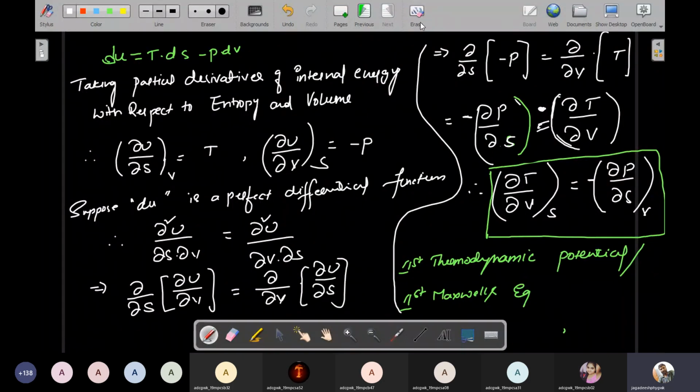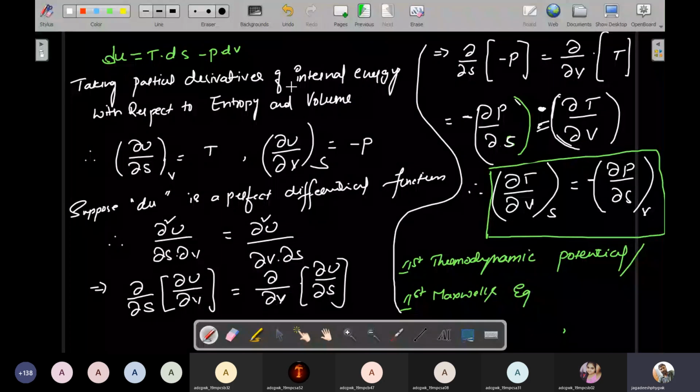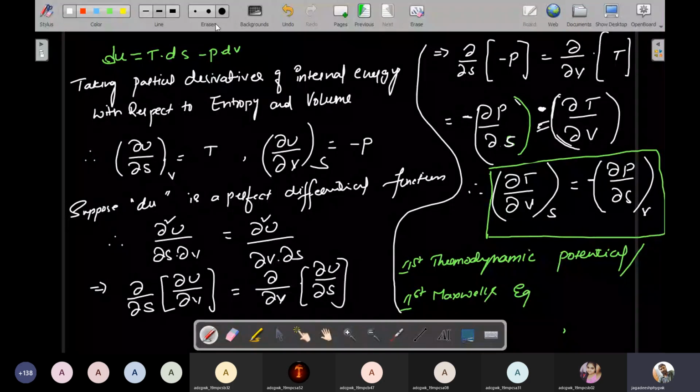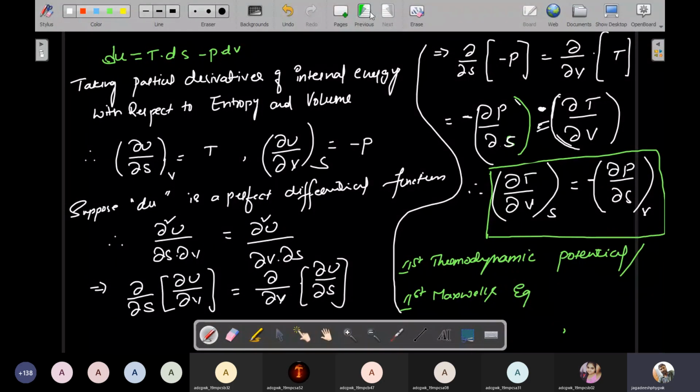Okay, shall we move to the second function, finding the second potential? I'll move to the next page. This is called the Helmholtz function.